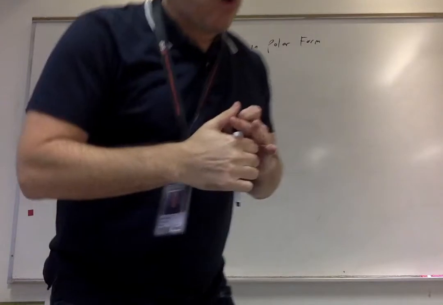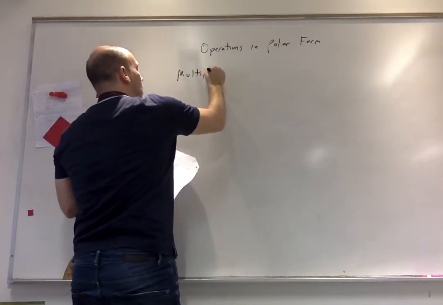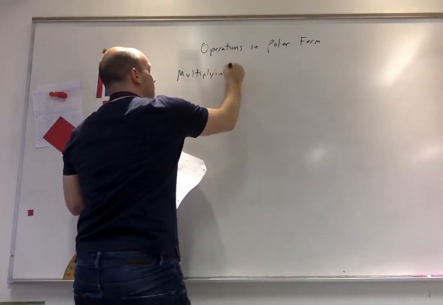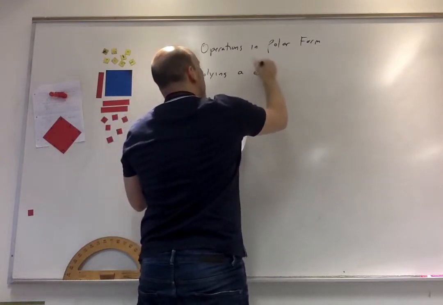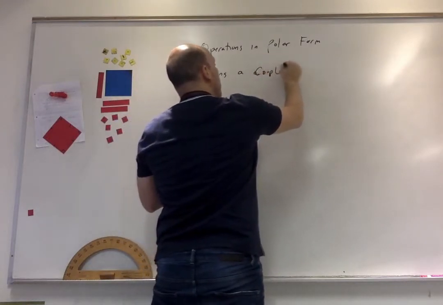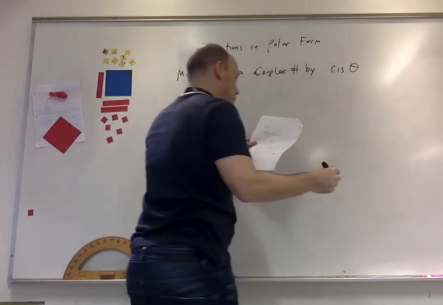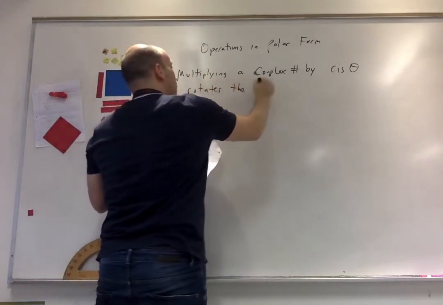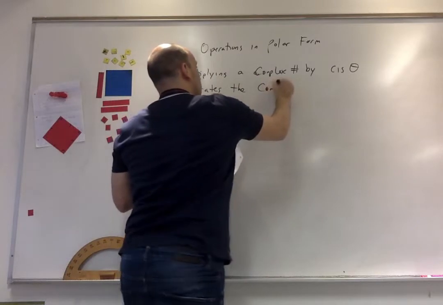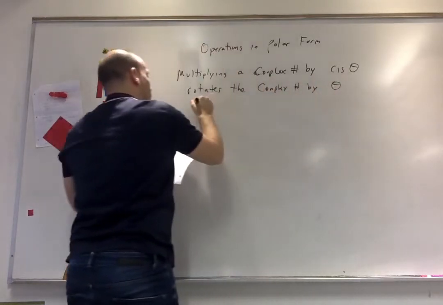Once again, multiplying a complex number by cis theta rotates the complex number by theta around the origin.